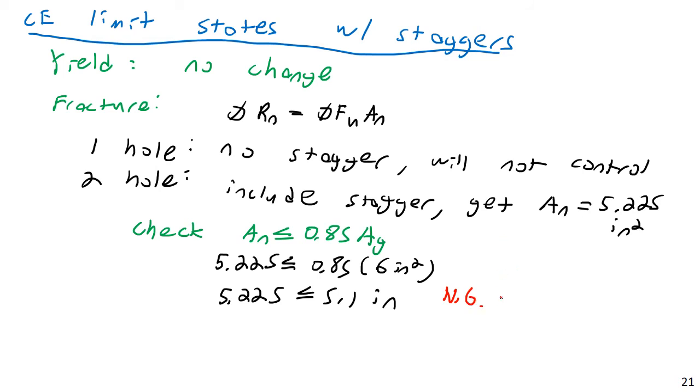So we would need to redesign. Although not necessarily redesign. This is not really a redesign case. Sorry, what this means is basically our net area is limited. This becomes an upper limit. No good. Use 0.85 AG as our net area AN.